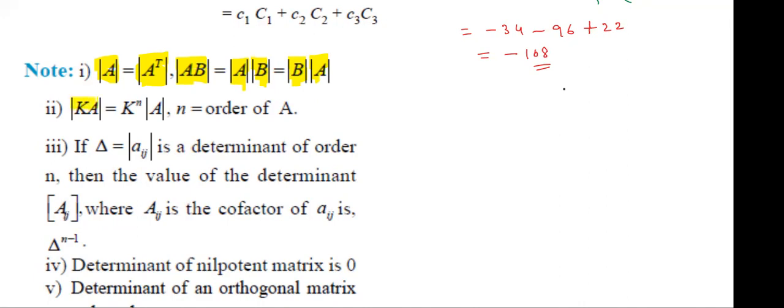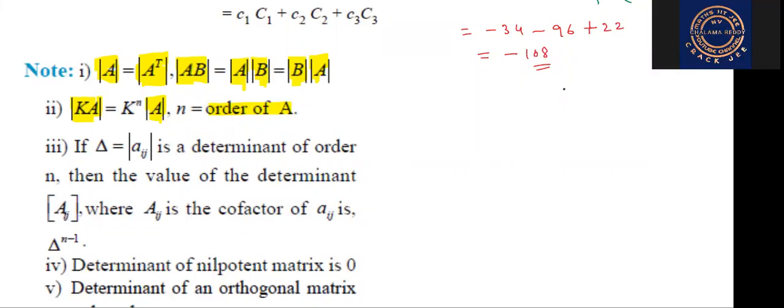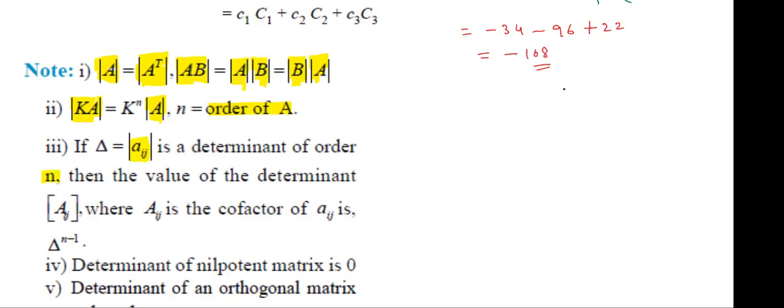Det of kA is k power n into det A, where n is the order of the matrix A. If delta is equal to det of Aij, a determinant of order n, then the value of the determinant of the cofactors Aij is equal to delta power n minus 1.